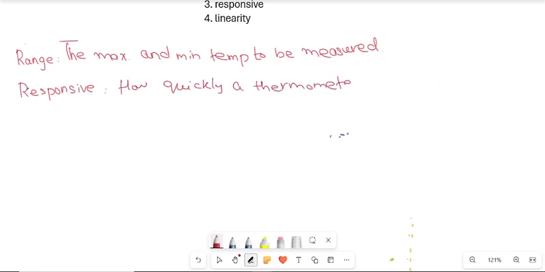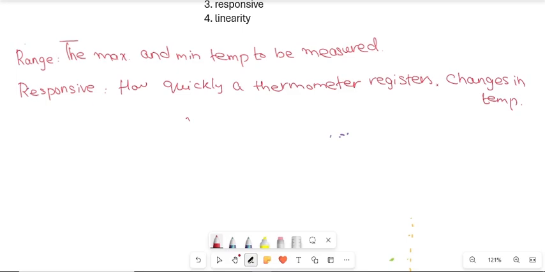So let's see whether it instantly changes from 0 degrees to 1 degree, and if the thermometer is able to register that change, that means it has good responsiveness, or it's very responsive.